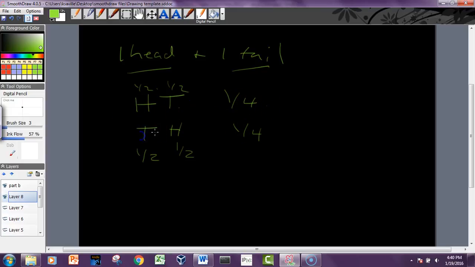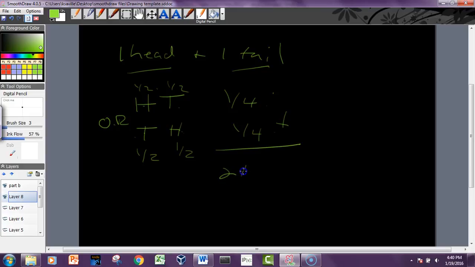If you want the probability of getting a tail and a head, the probability of getting them both at the same time, getting this and this, you multiply them together. But now, in order to satisfy this question of what's the probability of getting 1 head and 1 tail regardless of the order, the probability of getting this particular case is 1/4 and the probability of getting this is 1/4. But either one of these satisfies the condition. So that's an or. What's the probability of getting this or this? Then you add them together.